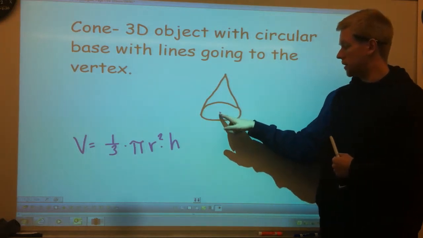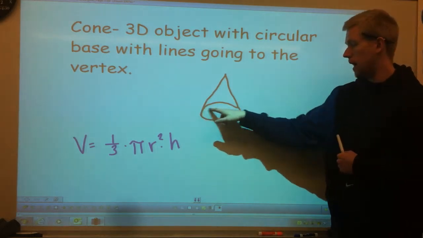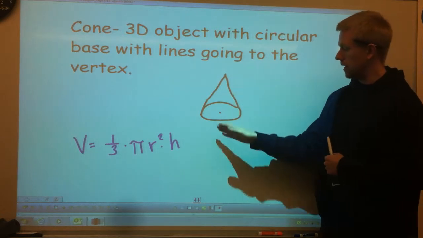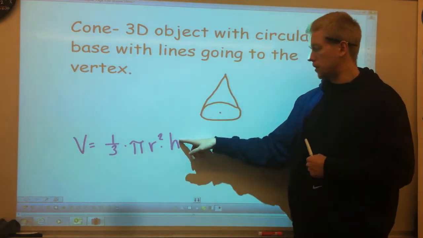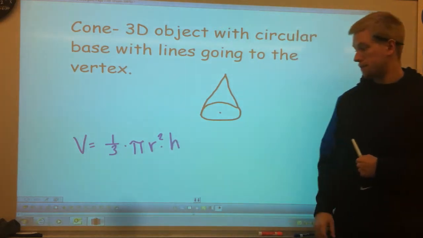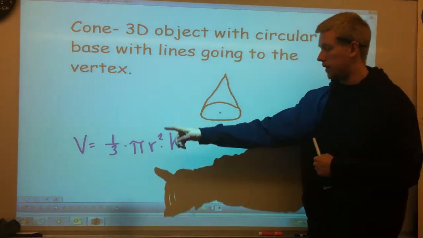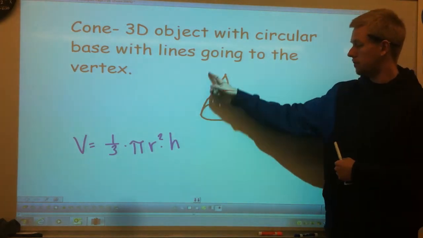Okay, so we have a center, we have the radius given, and if it's not given, if they give you the diameter, which you know what diameter is, you split that in half to get your radius. So you're going to plug that in for r. Your formula is 1/3 pi r squared times height. That's that 1/3 again, similar to the pyramid, because it's not a whole cylinder.